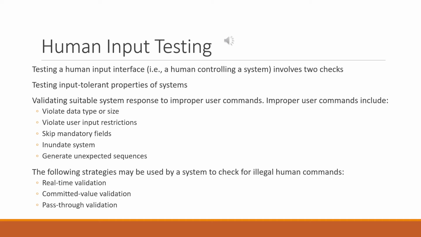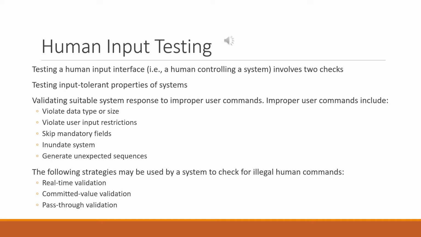Testing the input tolerant properties of systems involves verifying the system is consistently able to detect and handle proper user inputs, detect user input errors, stop input errors from propagating beyond the HSI area, indicate the existence of input error to the user, provide some further suggestion about the nature of the input and how to correct the error, and permit the user to correct his or her error or to completely remove the erroneous input from the input interface.